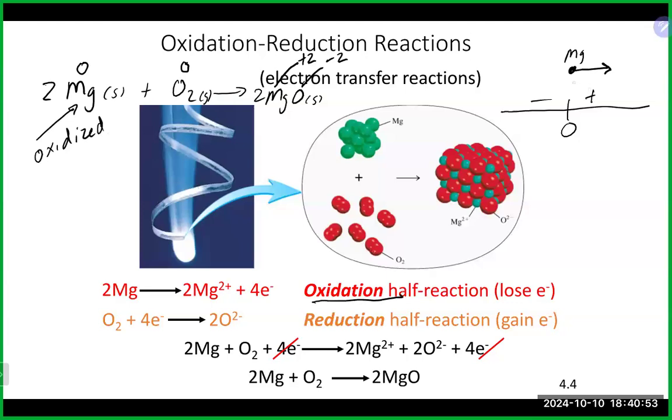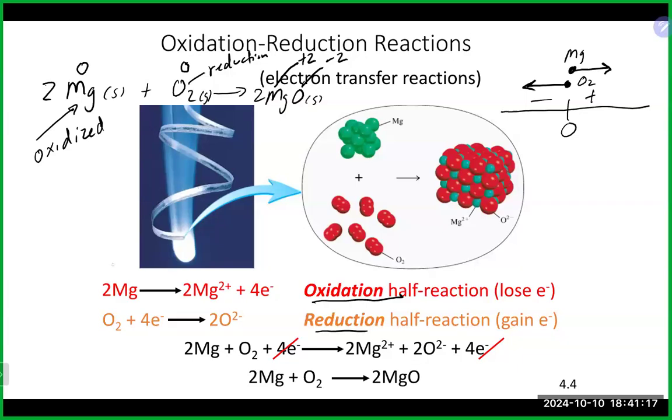If you look at the oxygen here, it starts at 0 and ends at -2, which means it's becoming more negative. And the oxygen here is going through reduction, which is why that is the reduction half reaction. So we could write these half reactions to show both the oxidation part of the reaction and the reduction part of the reaction.